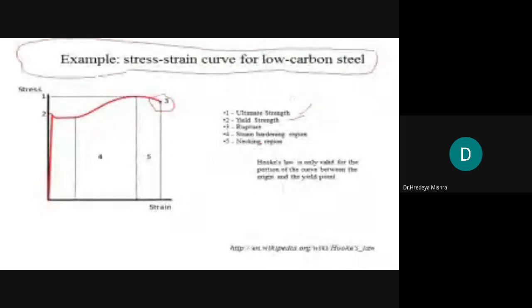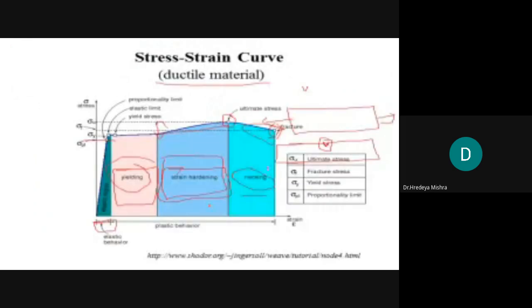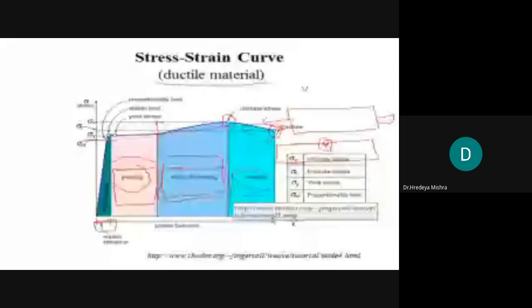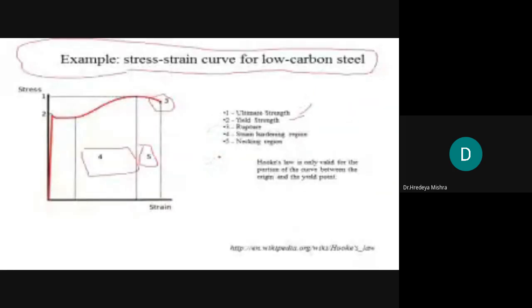Point 4 is strain hardening, and at point 5 necking starts. It is the same diagram, but represented by numbers.